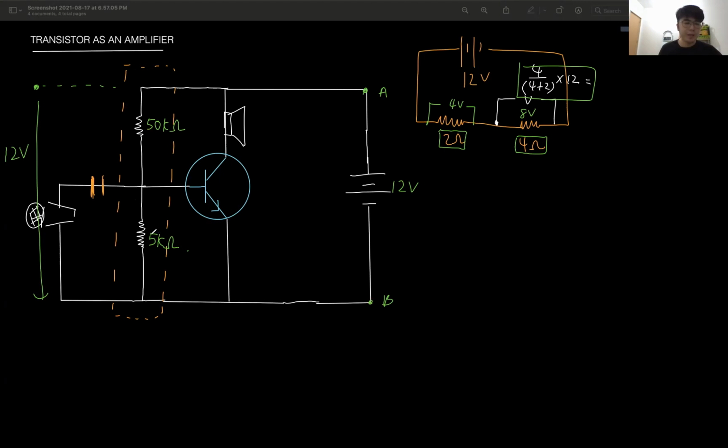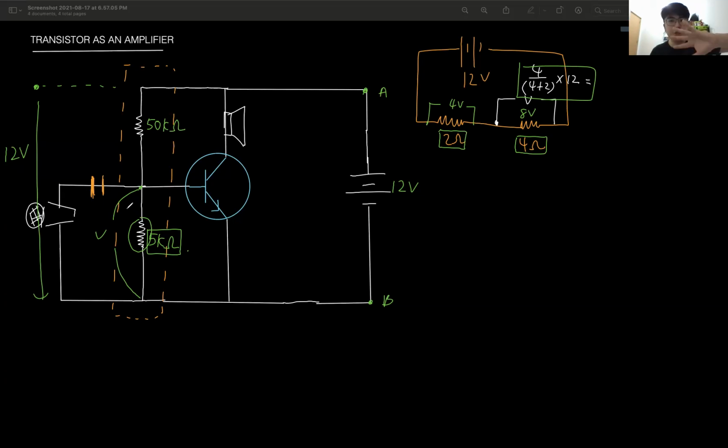If this is 5 kilo ohm, then it will have a certain voltage over here, right? If this resistor gets a higher share, then the current will increase in the base circuit. Let's say you switch the resistors, the 50 is over here.